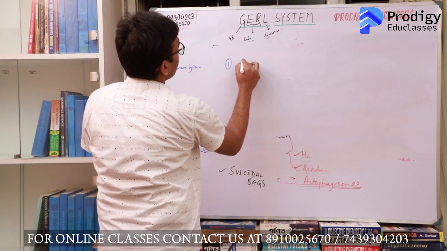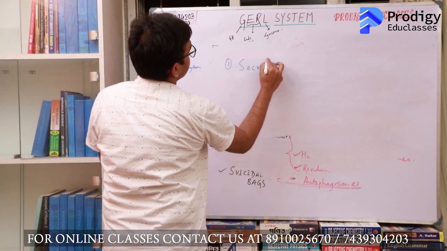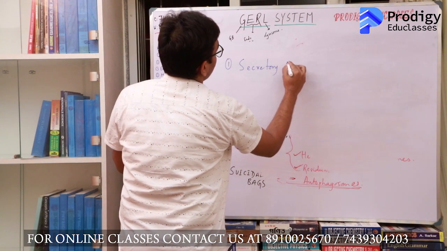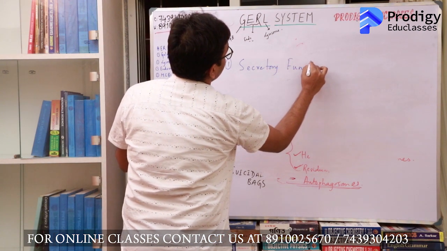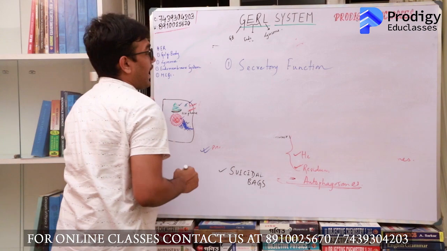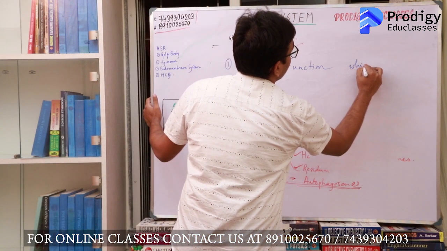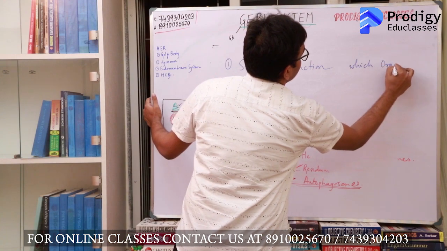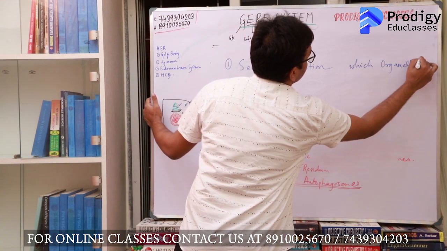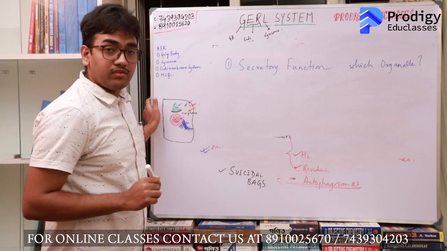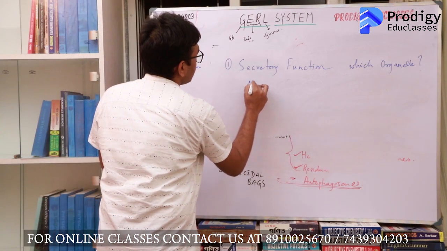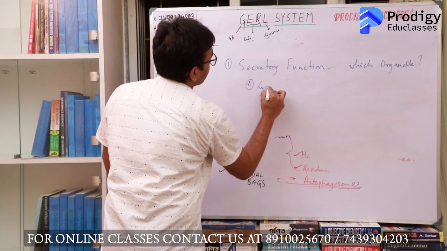Cells with secretory function will have abundance of which organelle? Option A, lysosome.